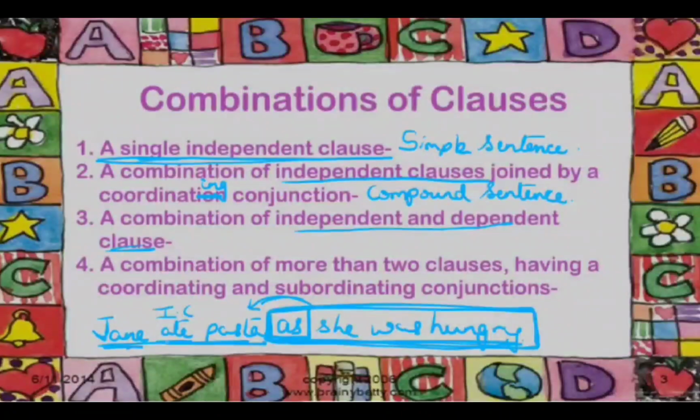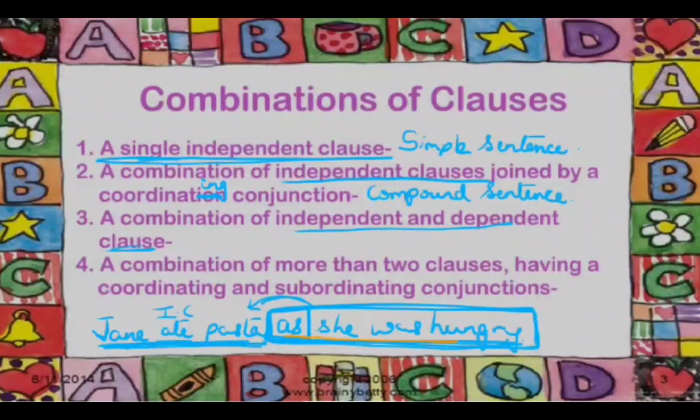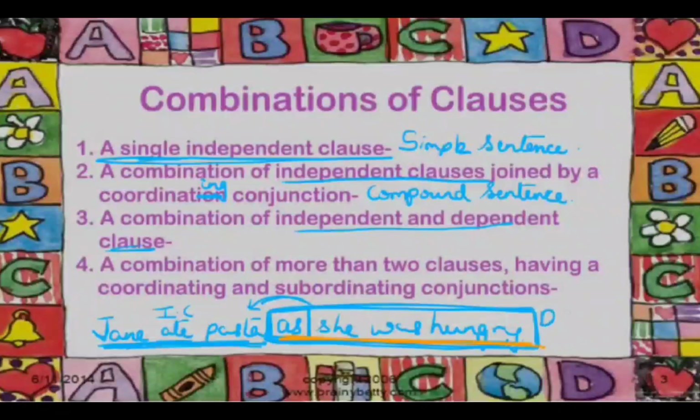So Jane ate pasta is your independent clause, and this part, since it has a subordinating conjunction, becomes your dependent clause. A combination of independent and dependent clause is called a complex sentence.